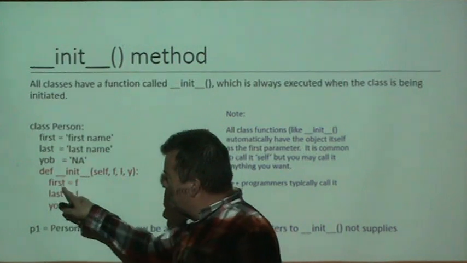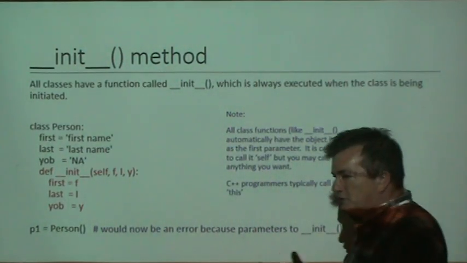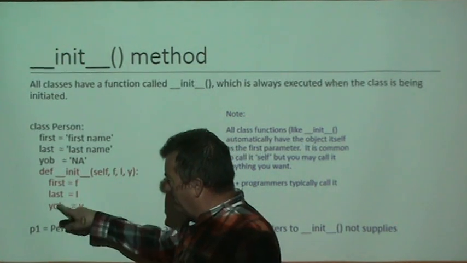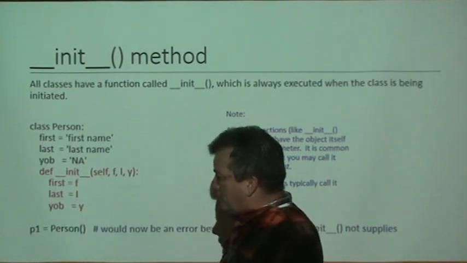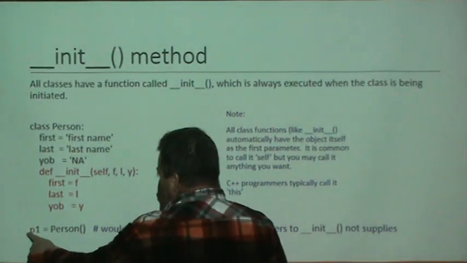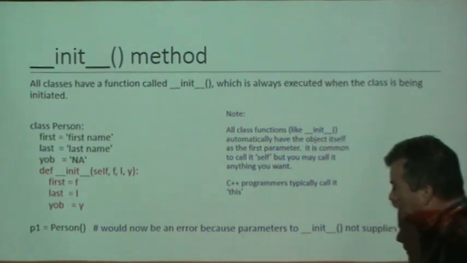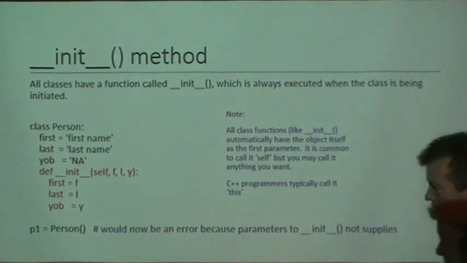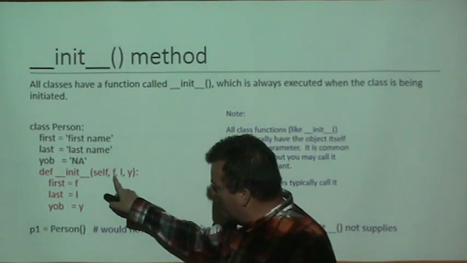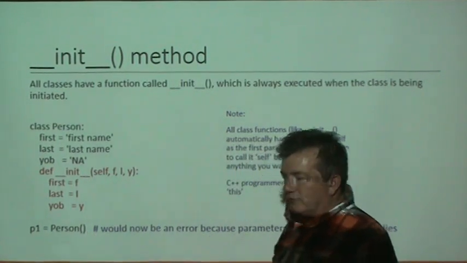Using self is optional because if you use internal variables, it assumes it was for the object being created. I could have said self dot first, but I don't need to. So when I say P1 equals person, this would now be an error because I'm requiring 3 parameters. This first one is optional, but the next 3 after are required.